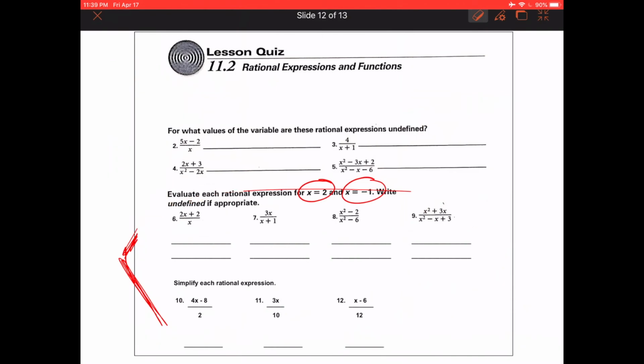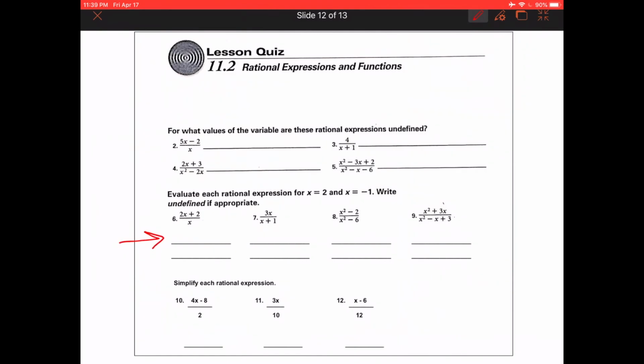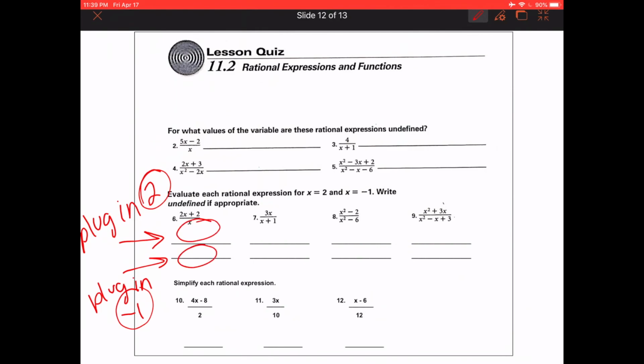If you are told to evaluate for x equals 2 and x equals -1, then give me 2 answers. For the first set of answers, plug in 2. For my second set of answers, plug in -1. So you'll have one answer, a second answer, one answer, a second answer. So all of these will have 2 answers.